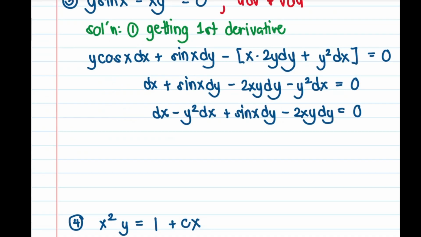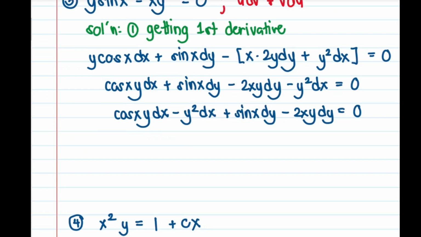So this one will be cosine xy dx. And this one will also be cosine xy dx. Okay. So since the equations are now grouped, then we can simplify further.